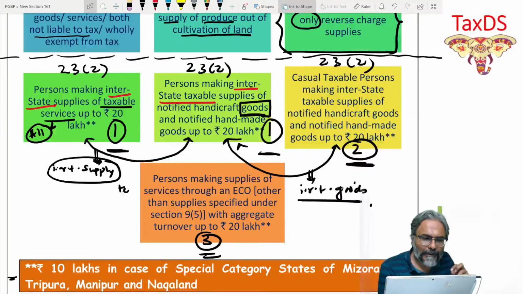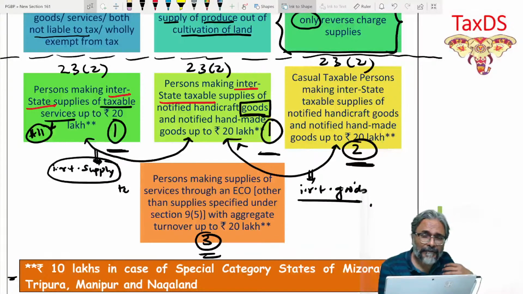Students, if you see very carefully in this particular context, the person making interstate supplies of taxable services up to rupees 20 lakhs. So obviously, students, this is only for services.